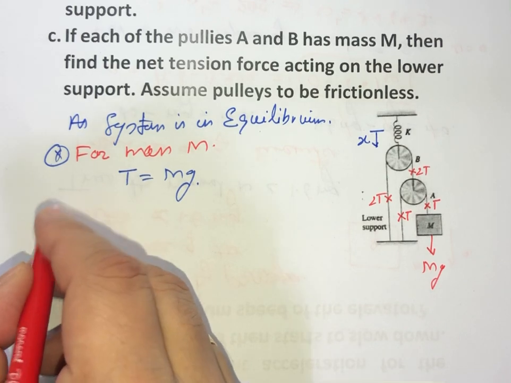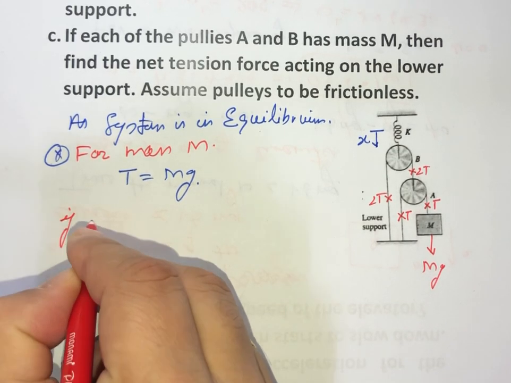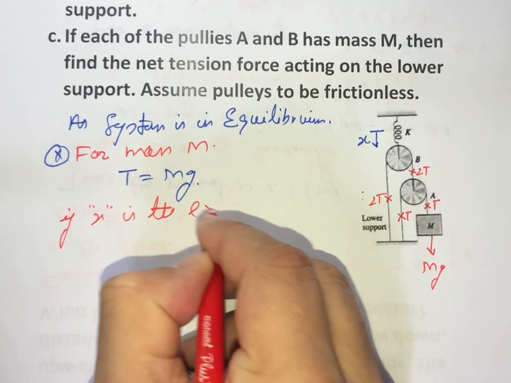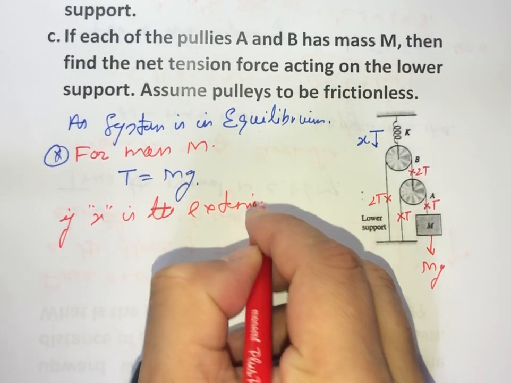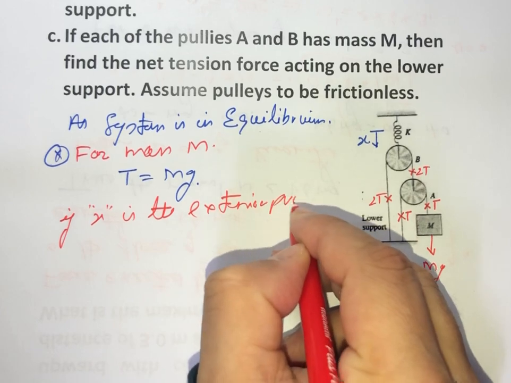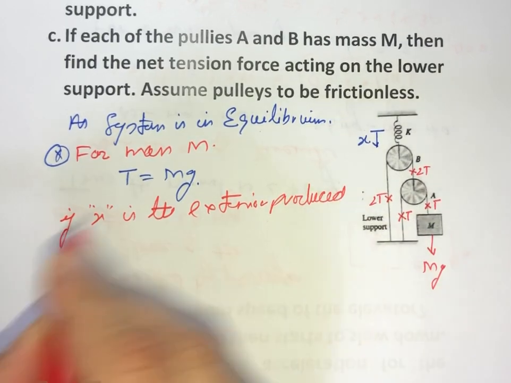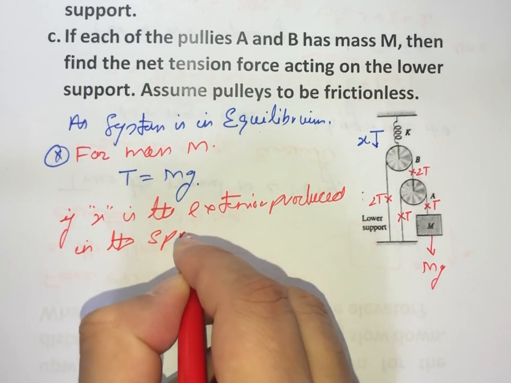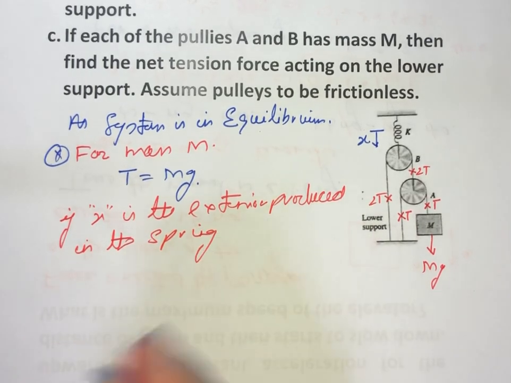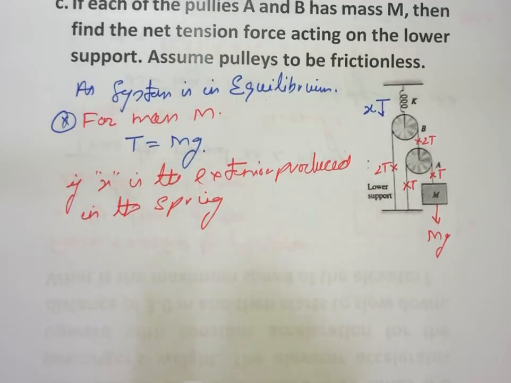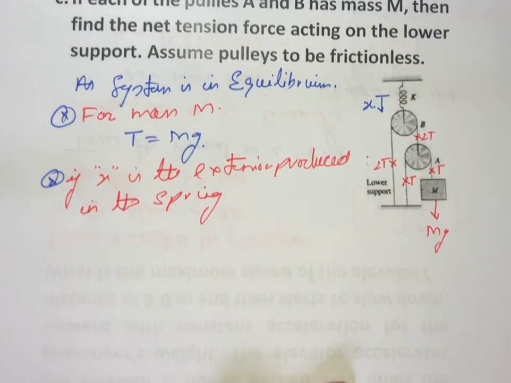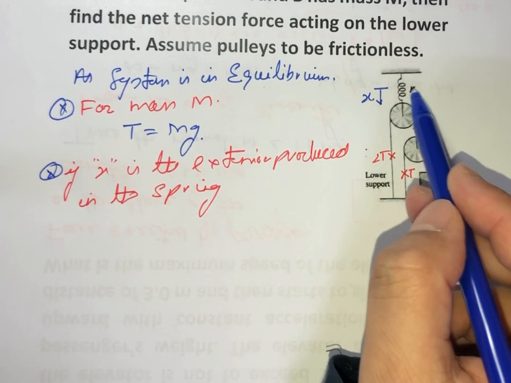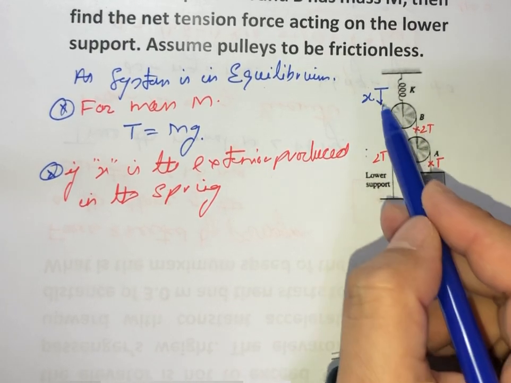You can say, if x is the extension produced in the spring, we can have that the total force which will be balanced by the spring will be 2 plus 2, that is 4T.